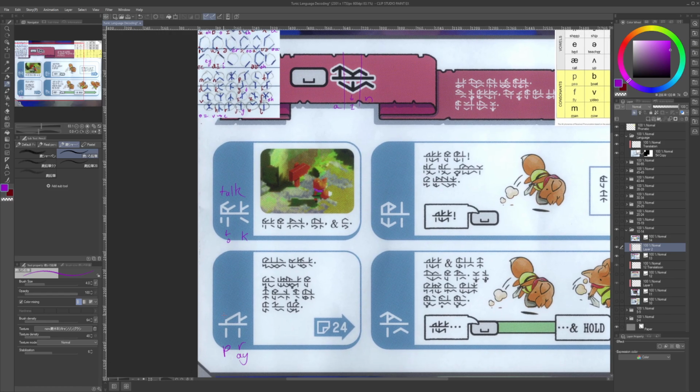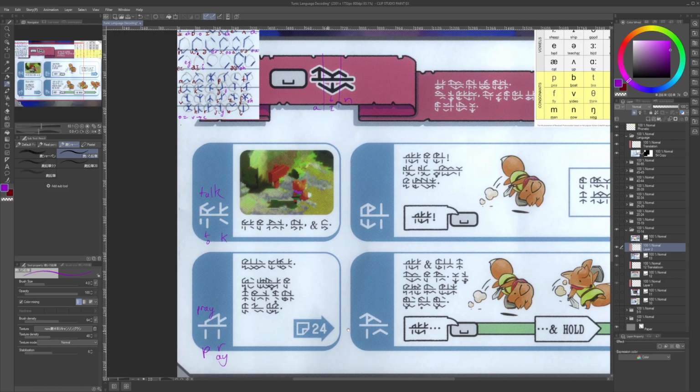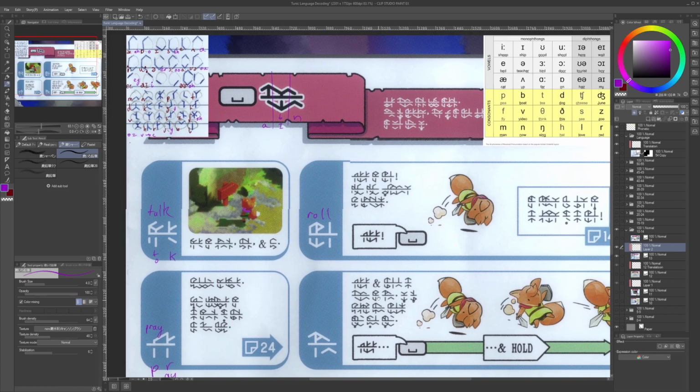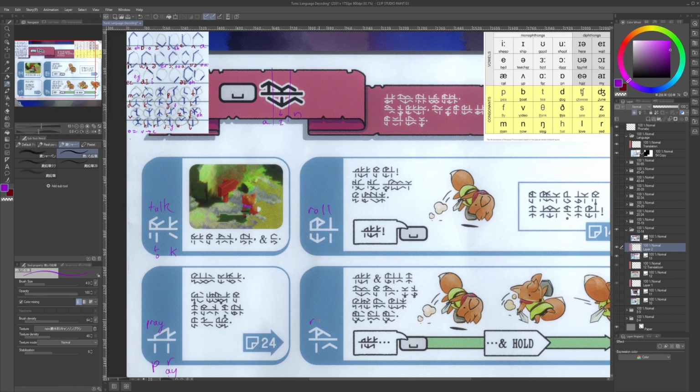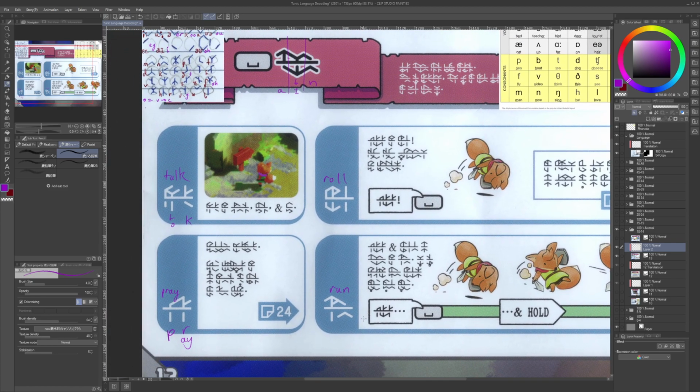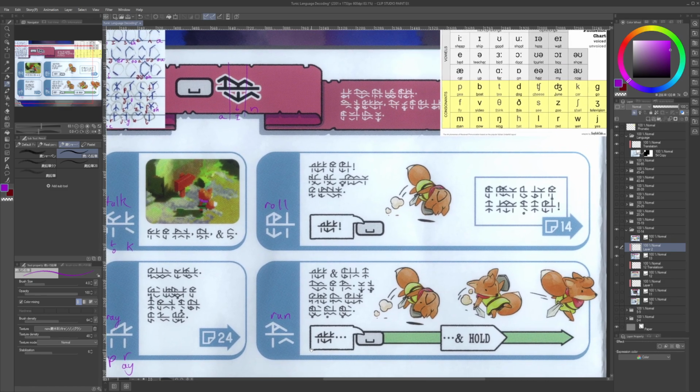Pray. Okay. This is... Oh, my brain hurts. This is roll. Will we see this one? And this is run. Talk, pray, run, hold. Okay.